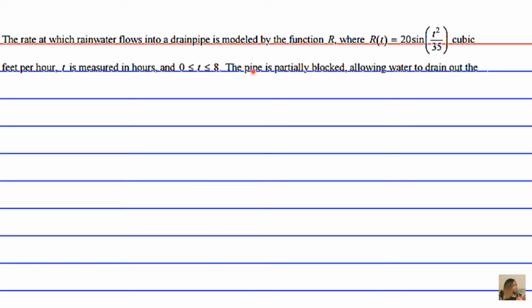The pipe is partially blocked, allowing water to drain out the other end of the pipe at a rate modeled by d of t equals negative 0.4 t cubed plus 0.4 t squared plus 0.96 t cubic feet per hour, remembering that t is measured in hours.